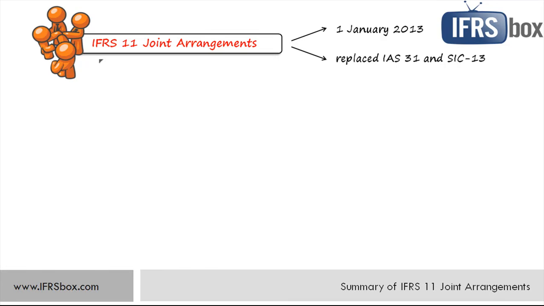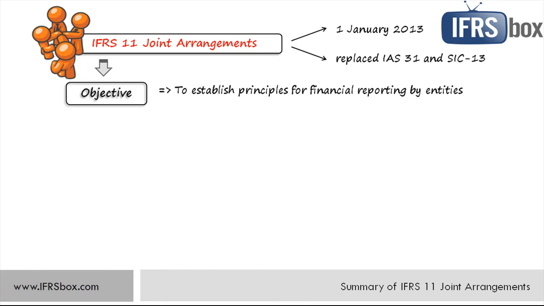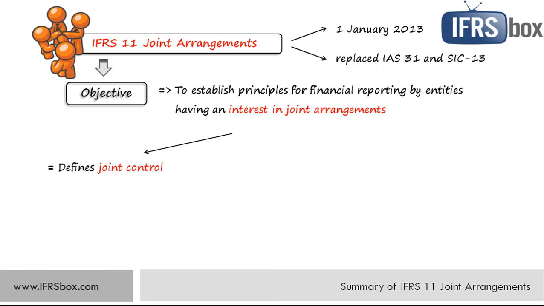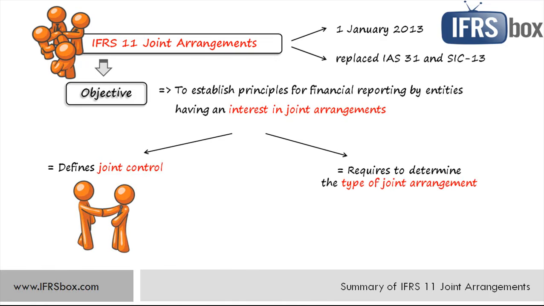The objective of IFRS 11 is to establish principles for financial reporting by entities that have an interest in arrangements that are controlled jointly, that is, joint arrangements. In order to meet this objective, IFRS 11 defines joint control and then requires an entity that is a party to a joint arrangement to determine the type of joint arrangement in which it is involved, because as you will learn, there are two types.